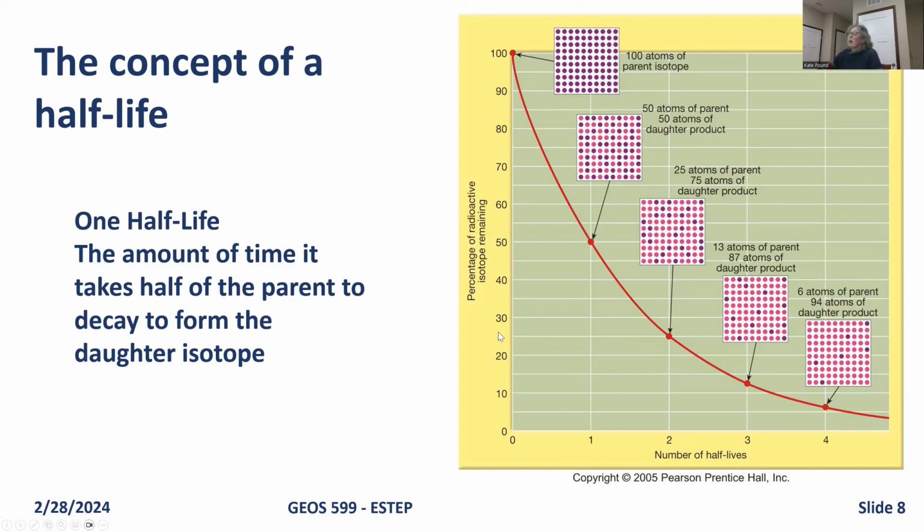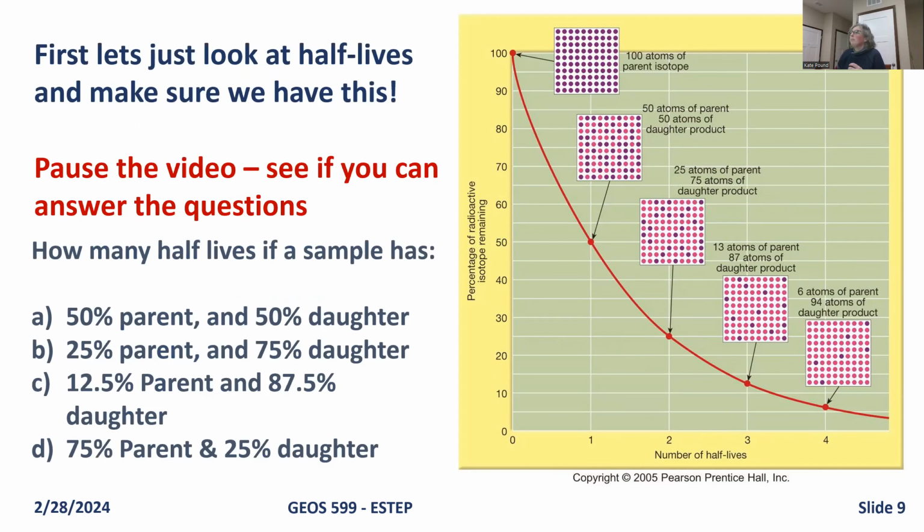And if you look over on the y-axis, you can see that that 25% of the parent is indeed true. And it goes on for 3 half-lives and 4 half-lives. So that captures the concept of a half-life. Now, let's just take a look at this. I suggest you pause the video and try to answer these questions.